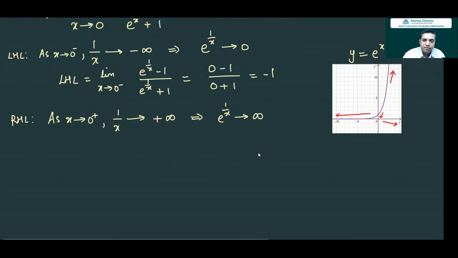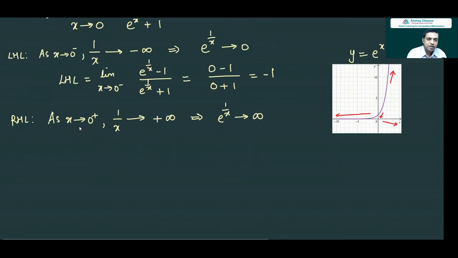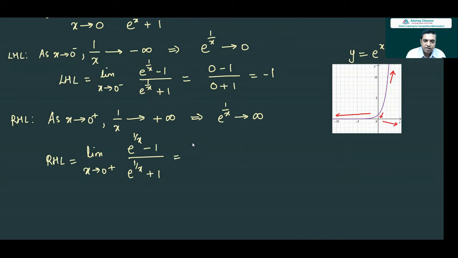So if this goes to infinity, then what do we need to do? It is infinity by infinity form. So the right hand limit is limit x tends to 0 plus of (e power 1 by x minus 1) by (e power 1 by x plus 1). This is going to infinity upon infinity.